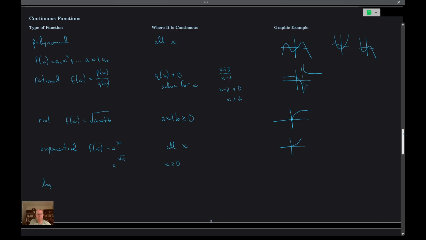Then the last one, we'll consider the logarithmic function. So f of x equals log base a of x, where a is greater than 0 and a is not equal to 1. And so x has to be greater than 0, and that function looks like that.